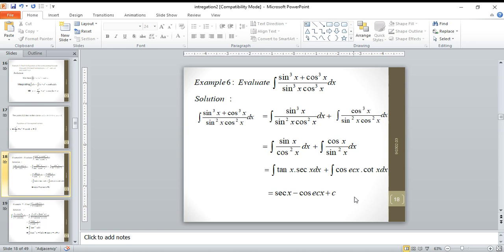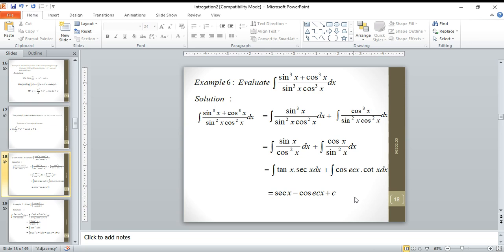So integration of sin cube x plus cos cube x by sin square x cos square x equals sin cube x by sin square x cos square x plus cos cube x by sin square x cos square x. Dividing into two parts, in the first, sin cube and sin square cancel, giving integration sin x by cos square x dx, plus integration cos x by sin square x dx, after cos cube and cos square cancel.